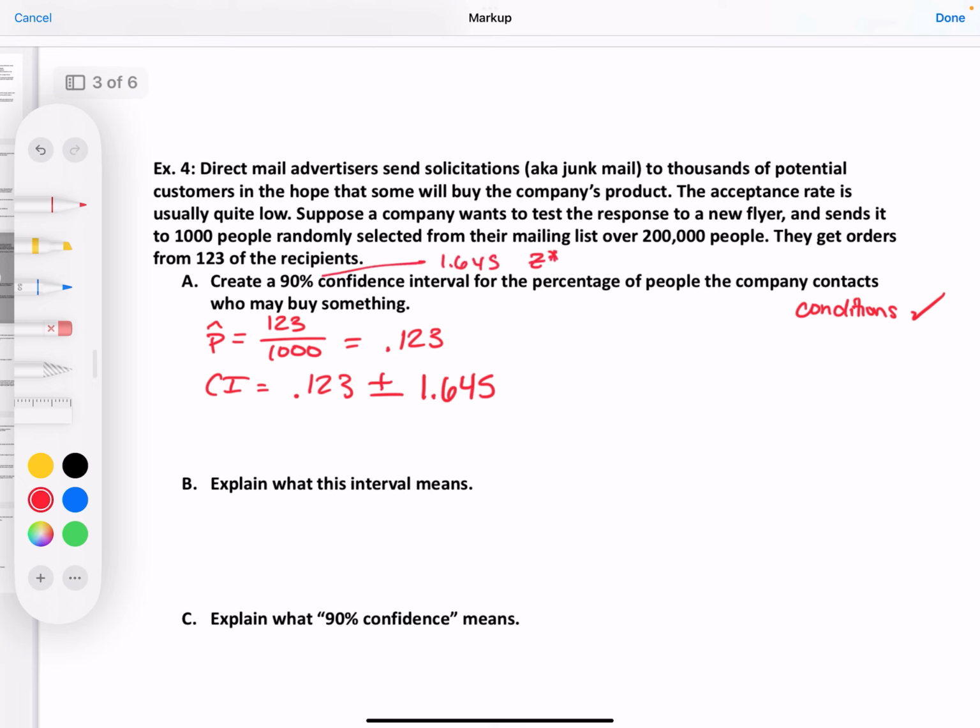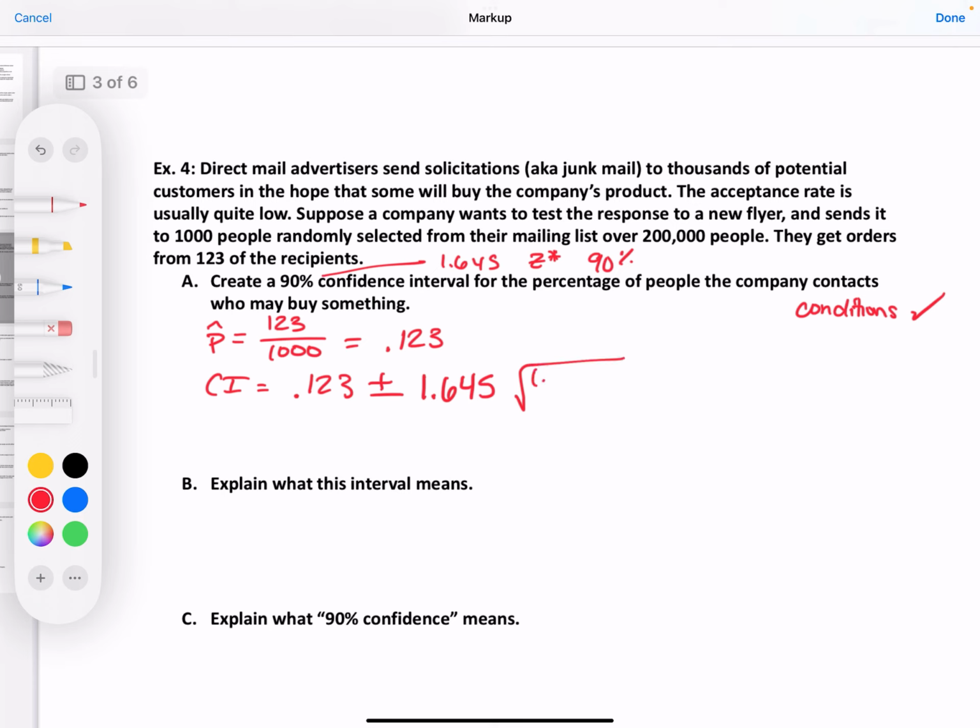It's just a known fact. There's a couple of them that we'll use more often. The calculator will do it for you, so you won't actually have to do it, but I'm showing you so if you see it written out, you know what it is. And then the square root of p hat q hat over n.